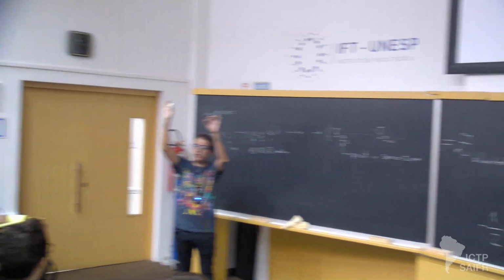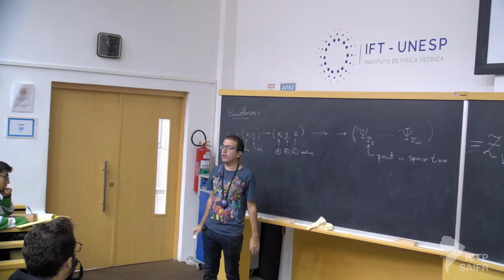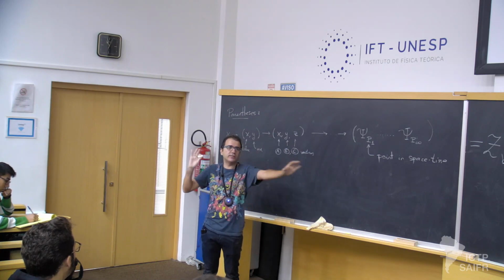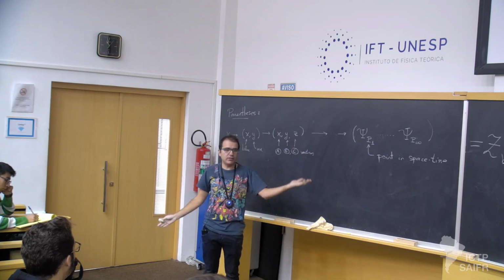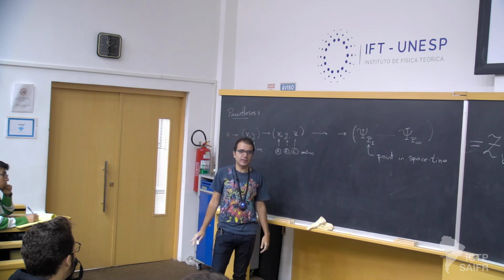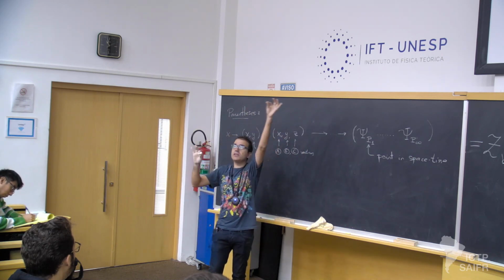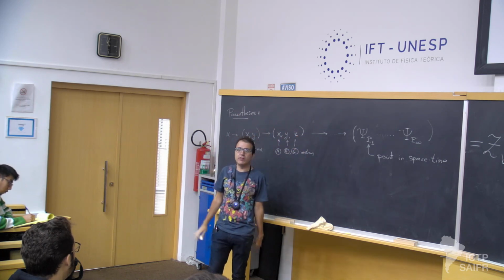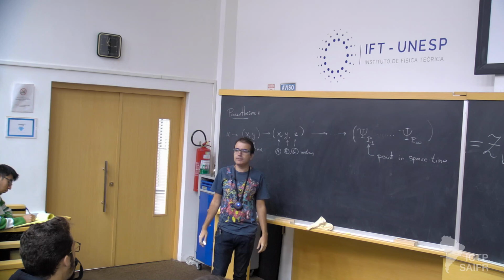So for each point of space-time, I have a variable psi. If you want to make it finite, just put a very thin grid. Then you have a million points rather than infinite, in this room. Each point in the grid you call P1, P2, P3, P4, P5, and you have one variable for each point. Okay?